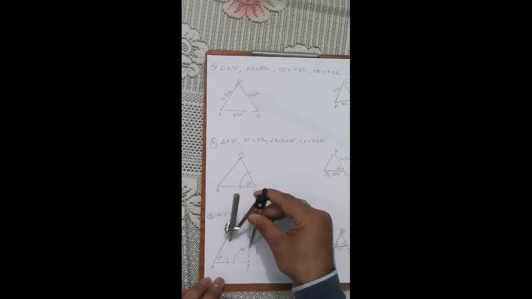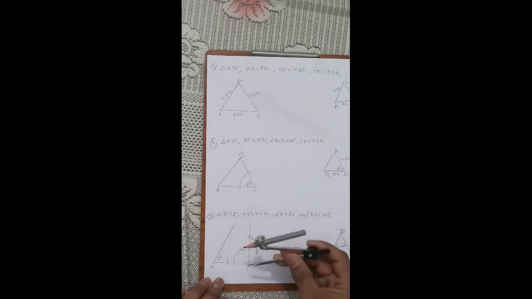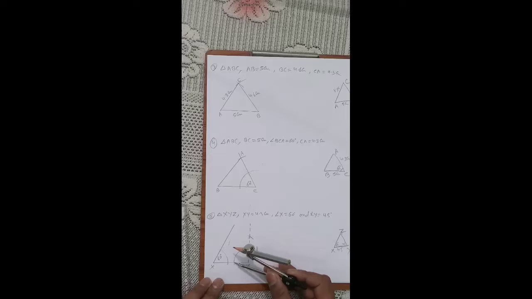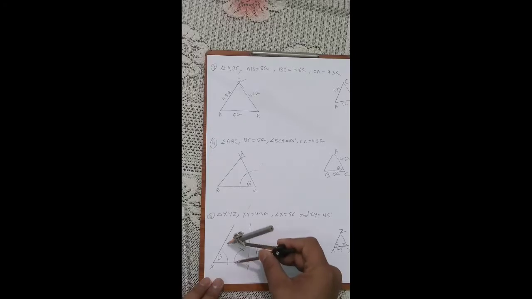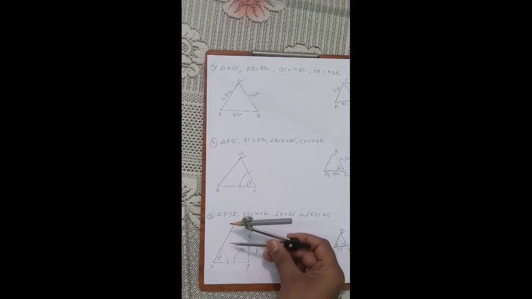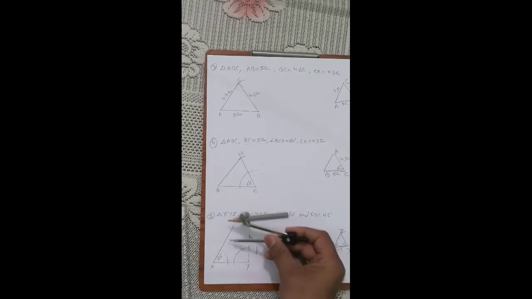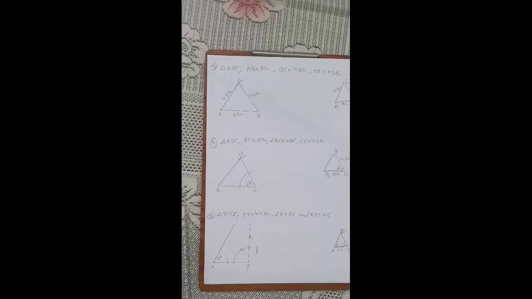Now make one arc here in the middle somewhere. By changing the place, where we kept the pencil, there we will keep the needle and make one arc again. Are you watching it? This intersection will be joined with Y.